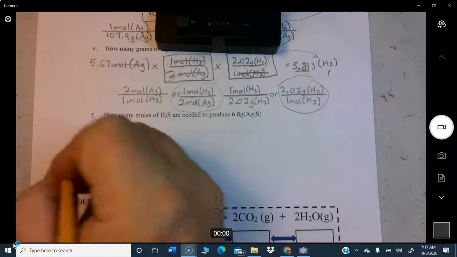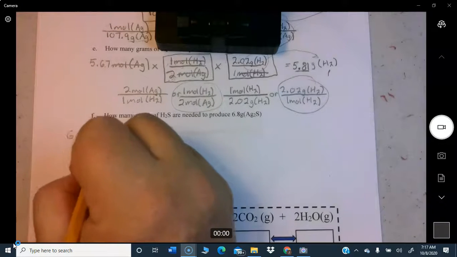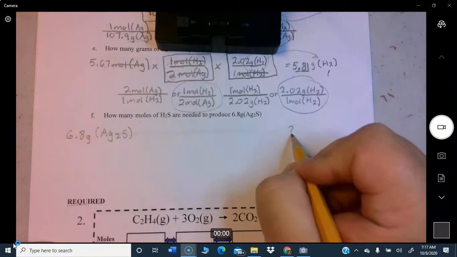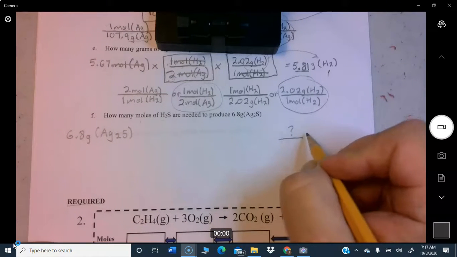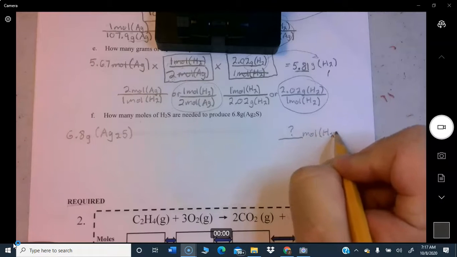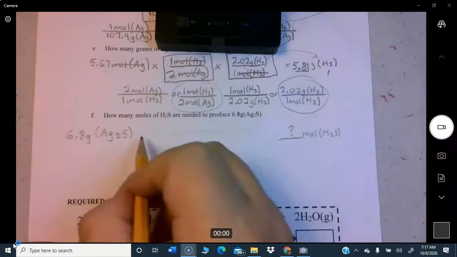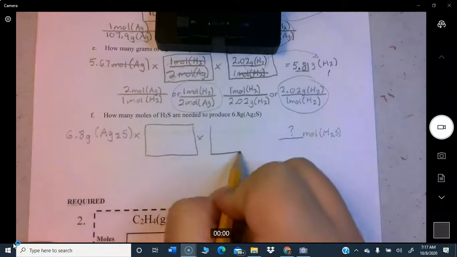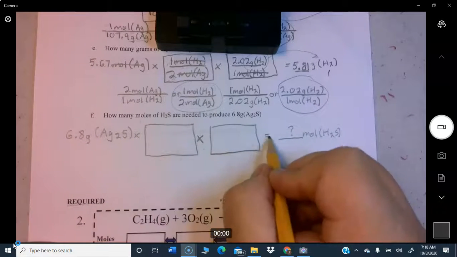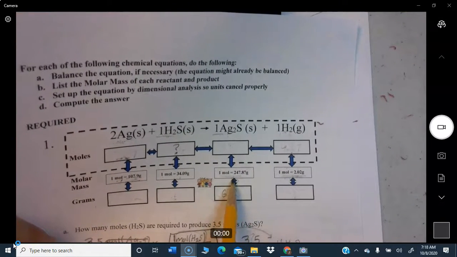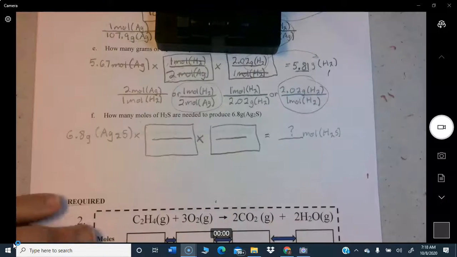All right? So let's go ahead and do that. So we start with 6.8, and we're trying to find moles of H2S, and as we just saw, that's a 2 conversion problem. Okay, so we need to get into the equation using molar mass, that number right there. So I'm just going to create the ratios.